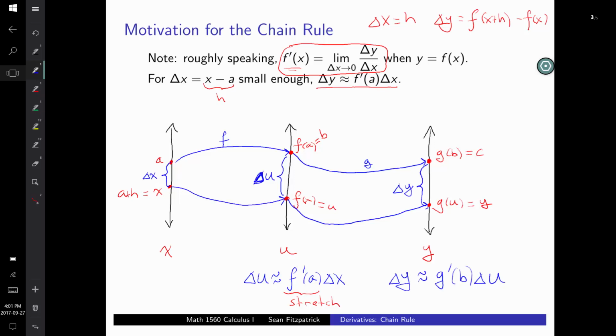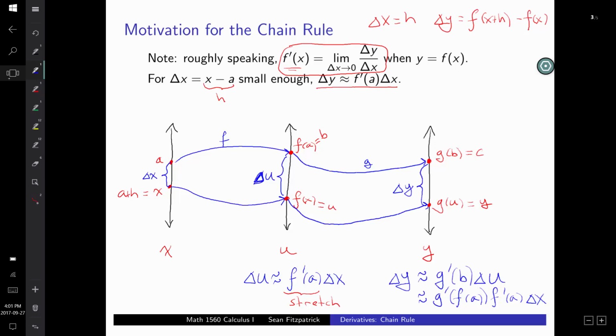But now let's plug things in. Let's bring f into the picture. What is b? b is f of a. What is delta u? Delta u is f prime of a times delta x.